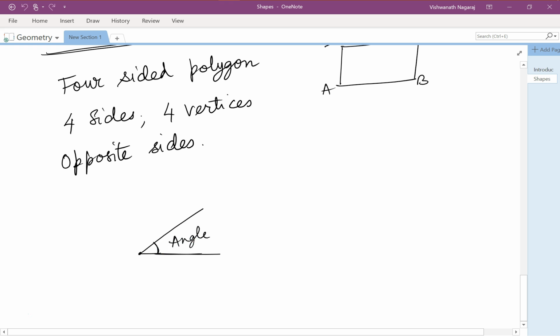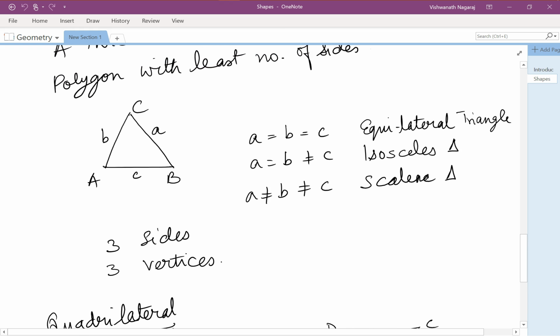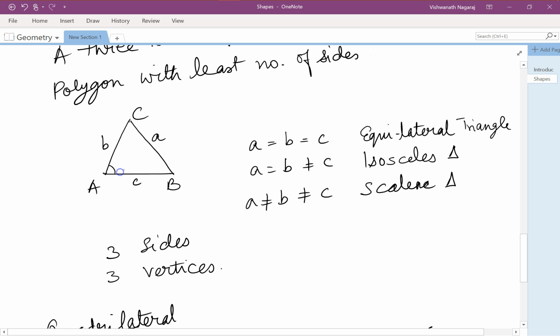So an angle is formed when there are two line segments with a common endpoint. So here if you look at the triangle, how many angles are there? You have an angle here, you have an angle here, you have an angle here. So you have three angles.